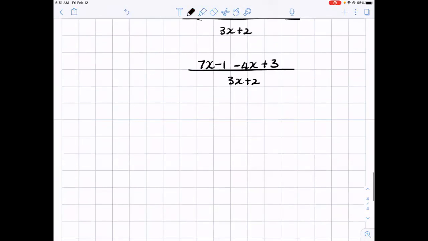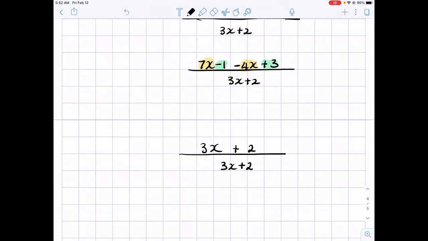And then we combine like terms, so the denominator is still 3x plus 2. If we combine like terms, 7x minus 4x becomes 3x. And we also have minus 1 plus 3, which becomes plus 2.